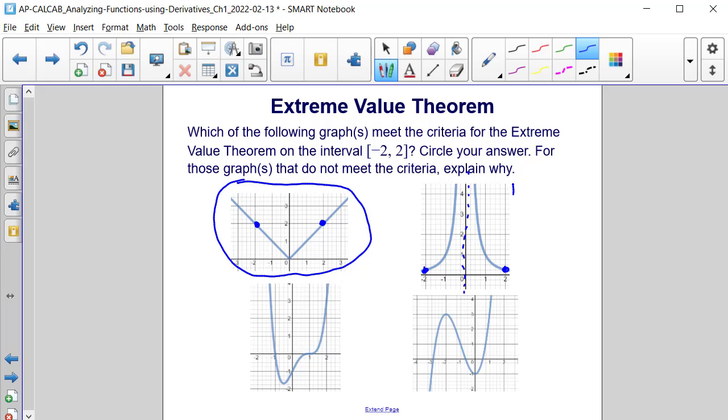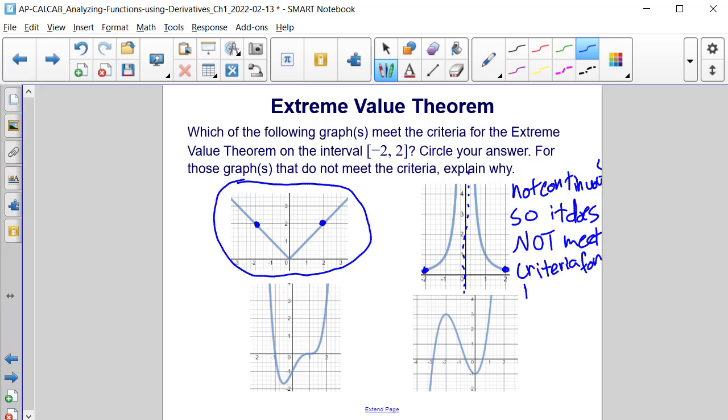So this one is not continuous. So it does not meet the criteria for the extreme value theorem.